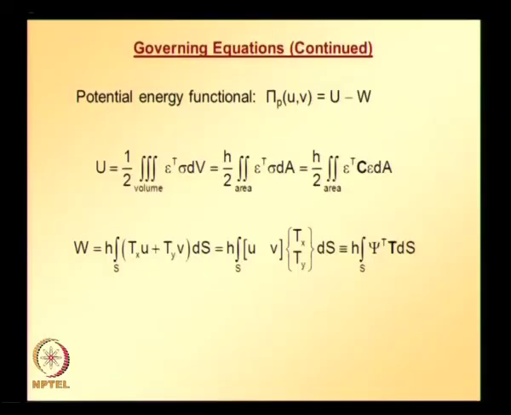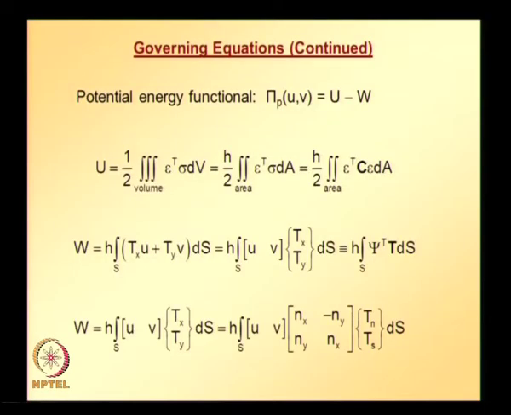And if these tractions Tx, Ty are given in terms of Tn and Ts, that is, normal and tangential components, in that case the work done by the distributed forces can be calculated using this relation. So, this is how we can calculate U and W.